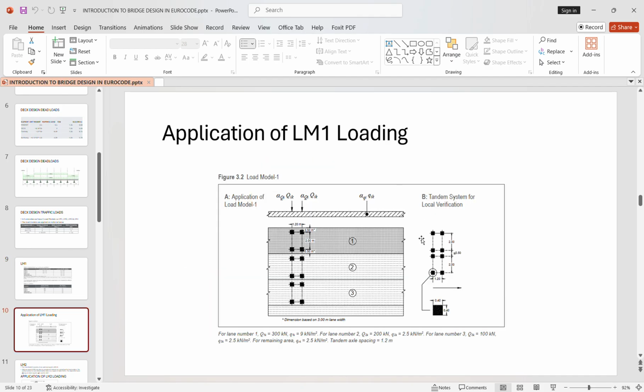So, application of load model 1. This is the way load model 1 is supposed to be applied on our lanes. So this is your carriageway. This is lane 1, 3 meters. This is lane 2, also 3 meters, or as per your calculations from above.